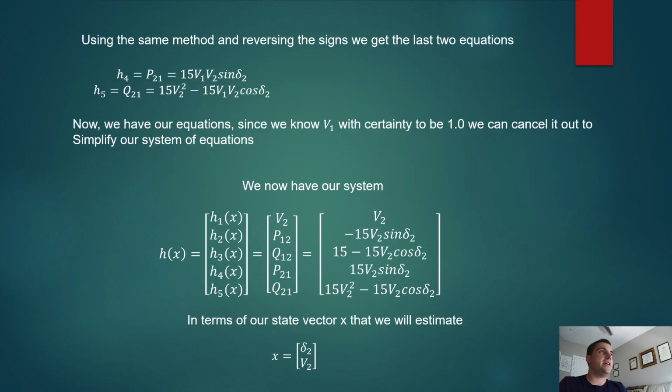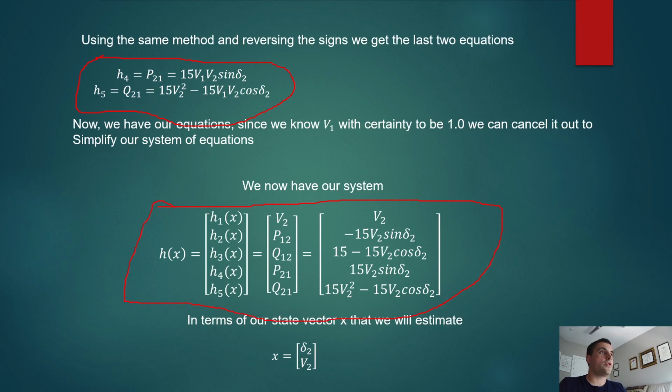And then we can do the same thing to get real and imaginary power on bus 2. Now that we have our equations and we know V1 for a certainty, we can cancel it out, and that makes our equations form into this nice H matrix that looks like this.